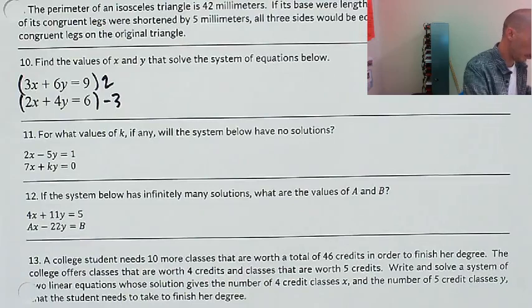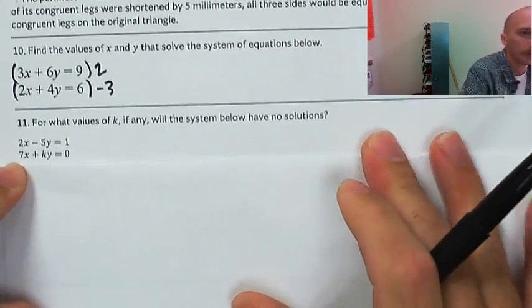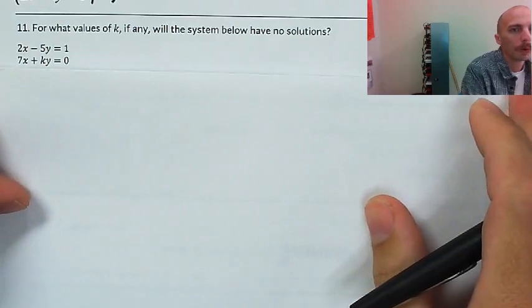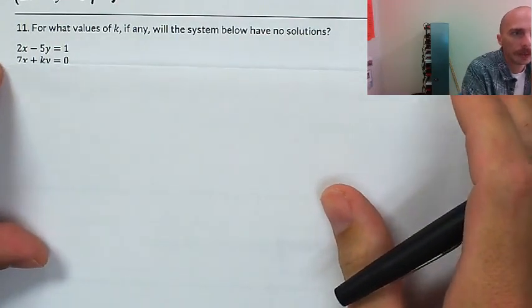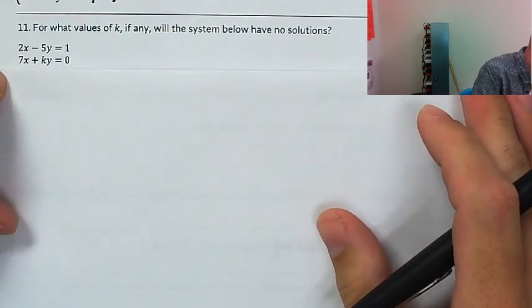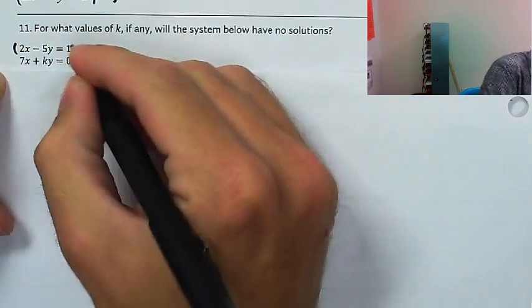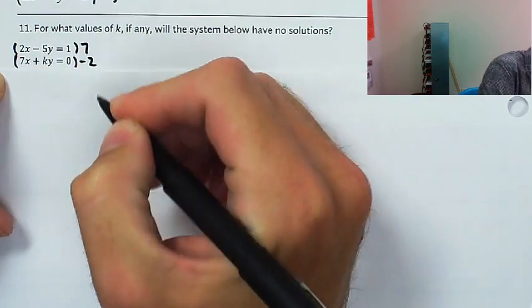So for what values of k, if any, will this system have no solutions? Okay, this one's a little more challenging. I like this. So what we're going to want to do is eliminate on x so we can figure out what's happening with y. Okay, that's my plan here. So I'm going to need to multiply this one by 7 and this one by -2.